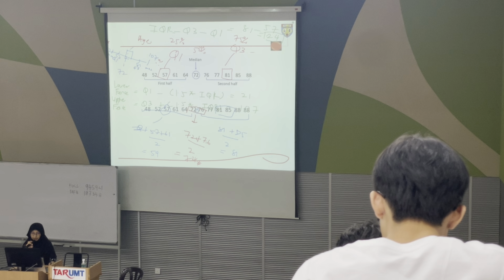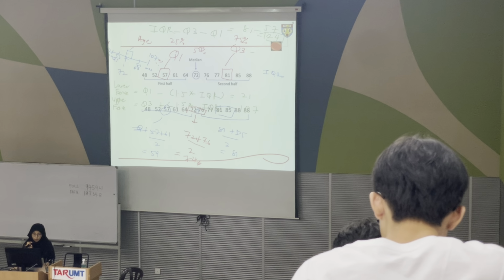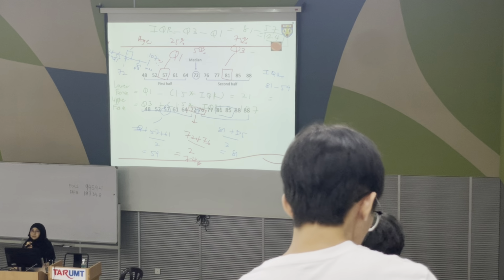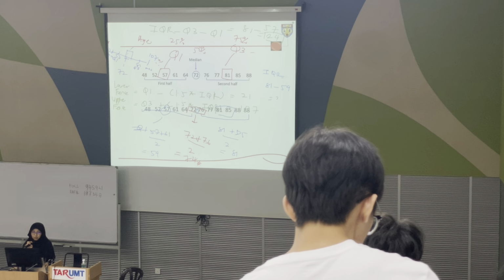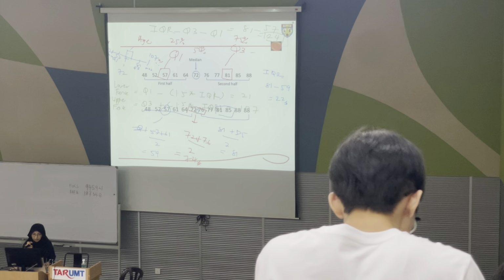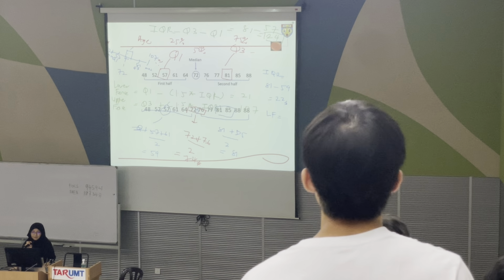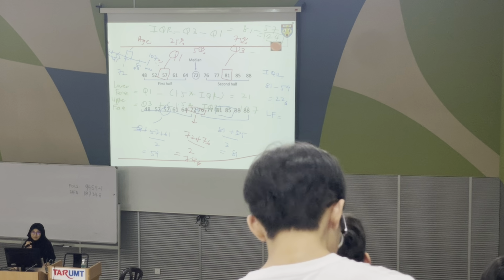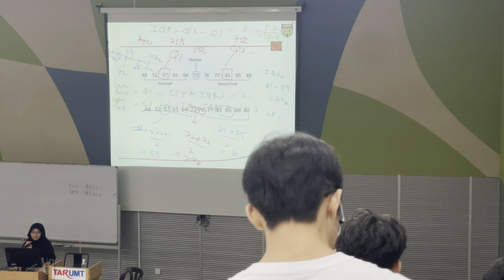Then after you have identified Q1 and Q3, you need to calculate the IQR. Q3 minus Q1, so 83 minus 59, is 24. And then the lower fence and the upper fence.